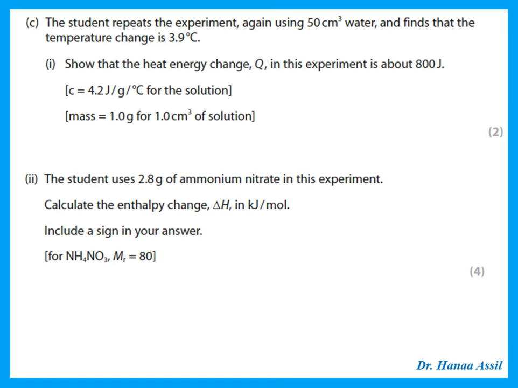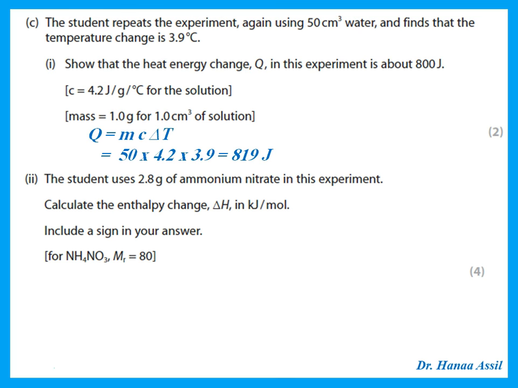The student repeats the experiment again using 50 cm³ water, finds that the temperature change is 3.9 degrees Celsius. Show that the heat energy change is about 800 joules. So he wants you to calculate Q. How do we calculate Q? You have to remember that Q is mcΔT. m is the mass.